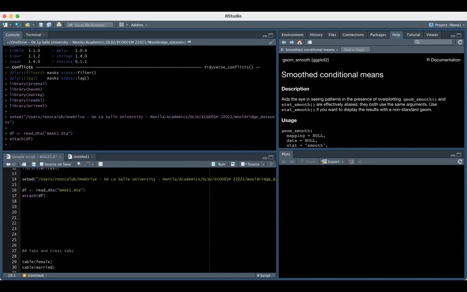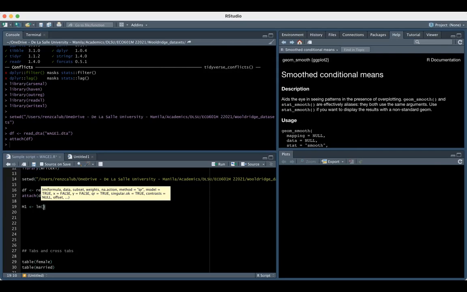Now that the data set is loaded, let's try to run the regression. So let's assign an object name for the regression. Let's say it's M1. To run the regression, we have the lm function, and we will specify the formula.